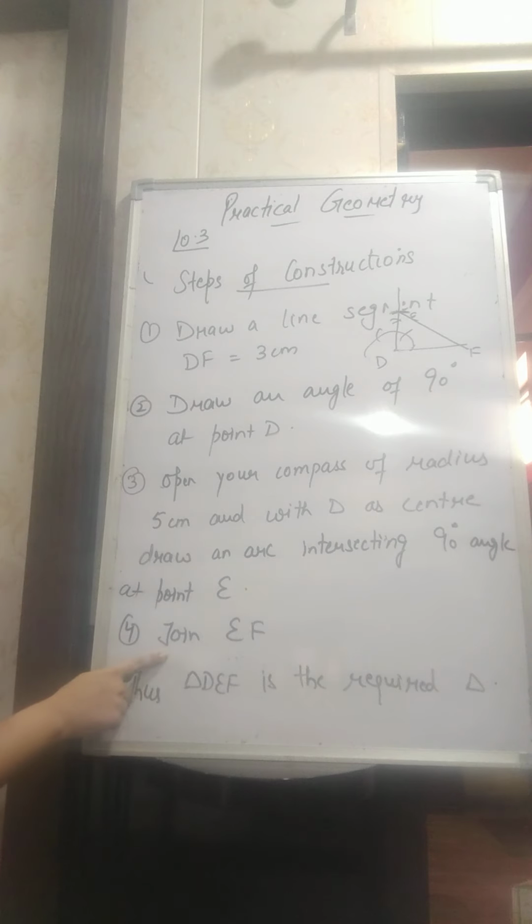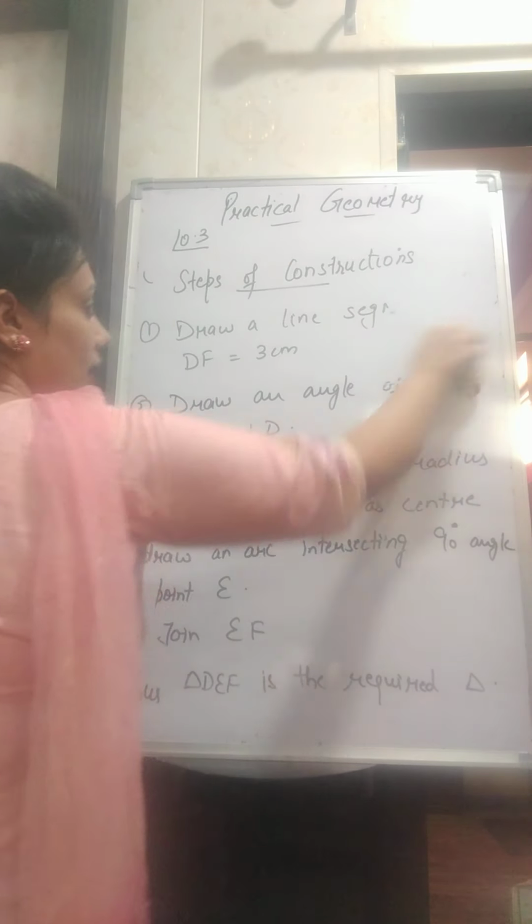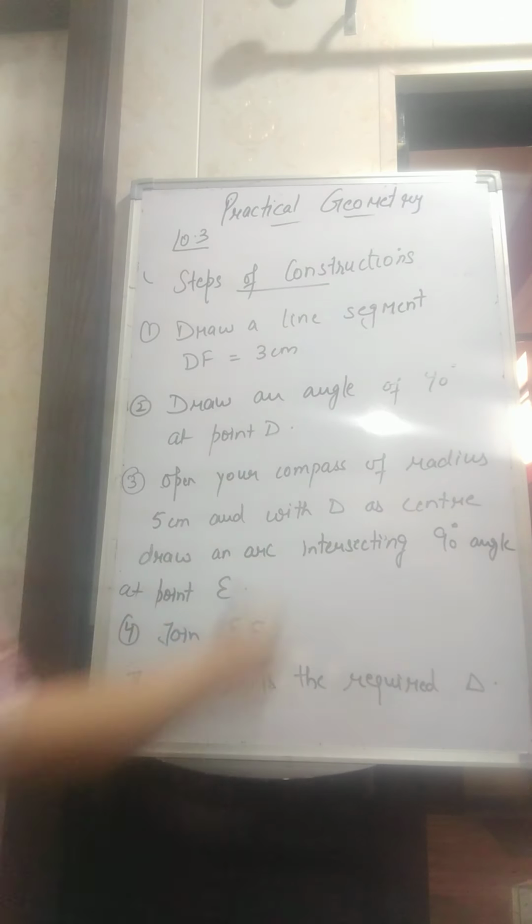Then what is the next step? Join EF. Thus triangle DEF is the required triangle, right? So these are the steps of construction which you have to write along with question number 1, right?